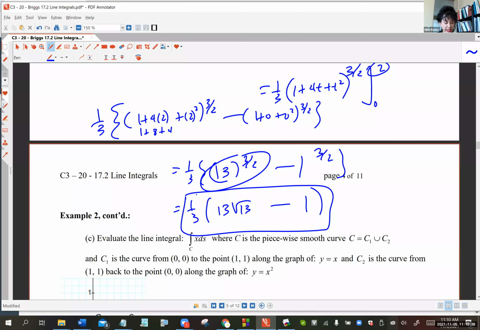That's the exact answer. The approximate answer, if you whip out a calculator, is 15.29.